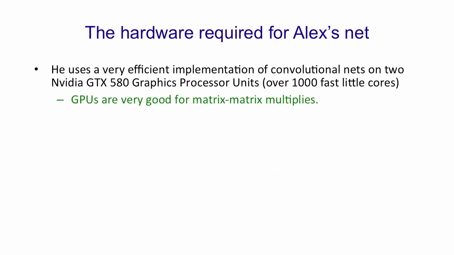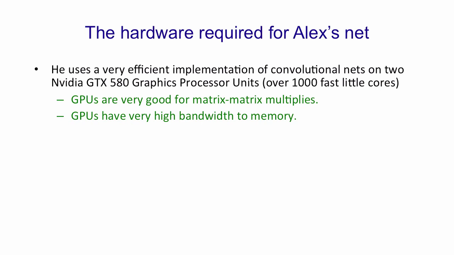The GPUs are very good at doing matrix-matrix multiplies. So if you stack together the vector of activities of a hidden layer over many training cases, that gives you a matrix, and now you multiply that by a matrix of weights to figure out the activities in the next hidden layer for all those training cases, and if both those matrices are big, the GPUs give you a huge advantage. They give you about a factor of 30.